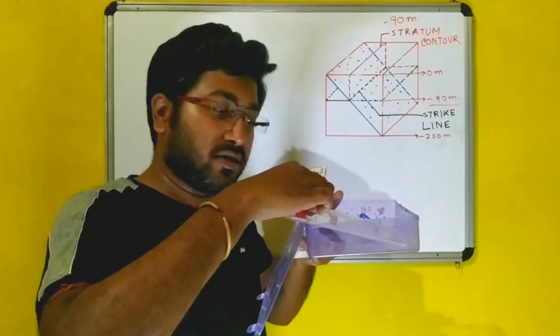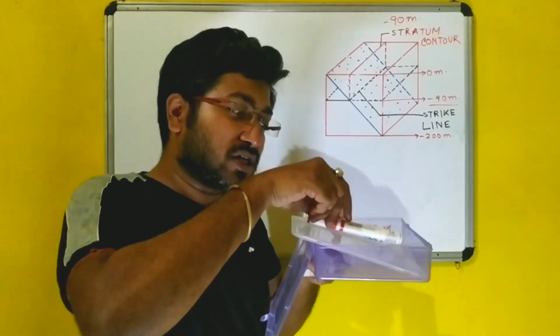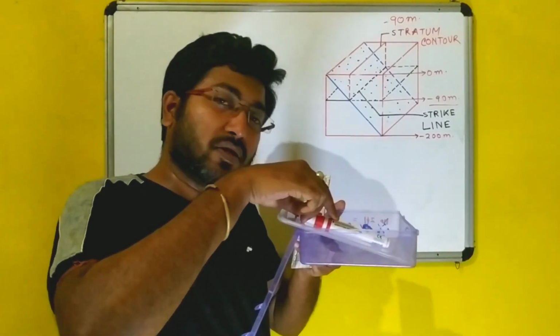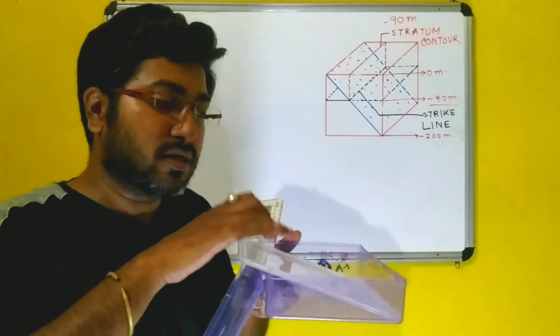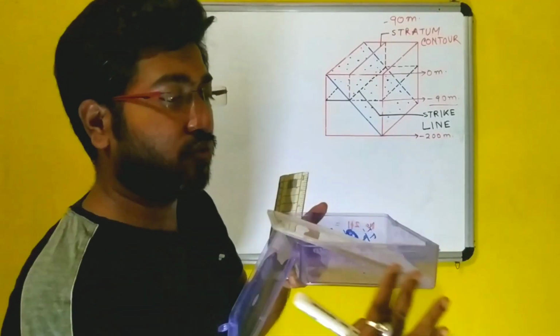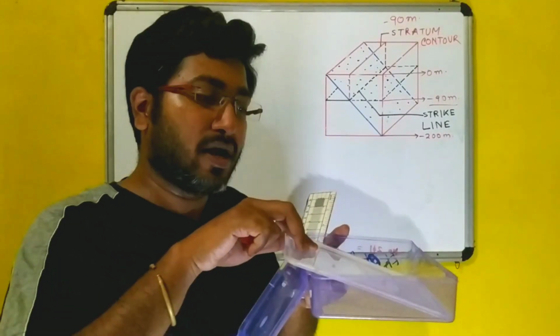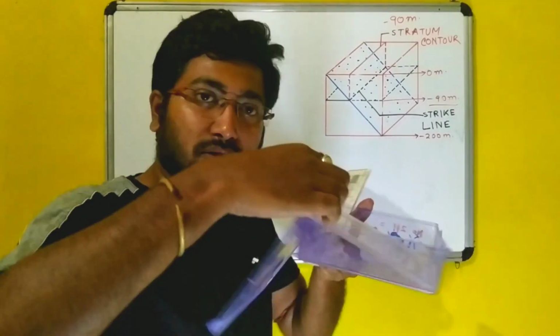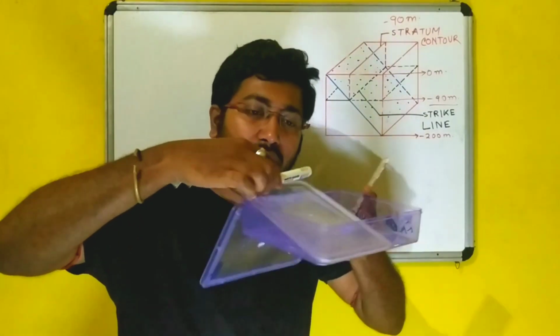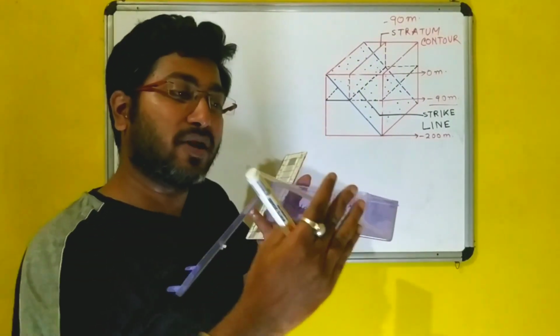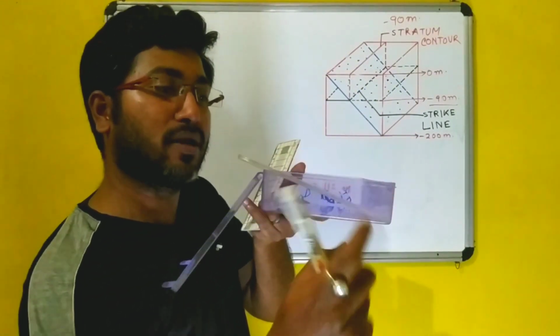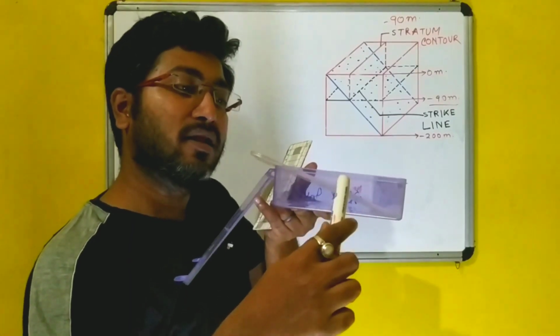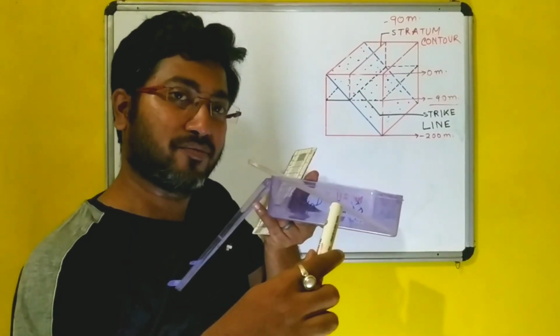I have explained, this one is the straight line. So just perpendicular to that is the true dip. Since here these two planes are perpendicular and I am fitting this inclined plane into that, so this is the straight line, and perpendicular to that on that plane, this is the perpendicular plane. So this angle is true dip.